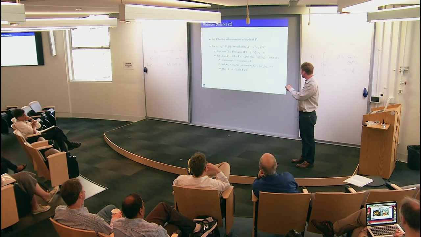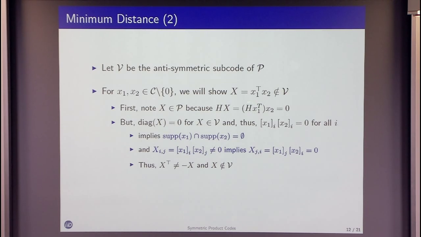Because when you hit it with H on one side, you get 0, and it doesn't matter what that is. But we want to show that it's not in the anti-symmetric subcode. So that means your minimum distance patterns with these blocks of 1s associated with minimum weight code words are not in your anti-symmetric subcode. And the reason is the diagonal is 0.